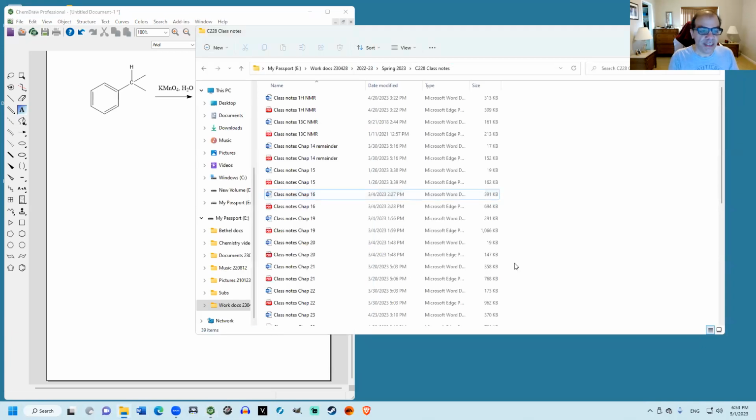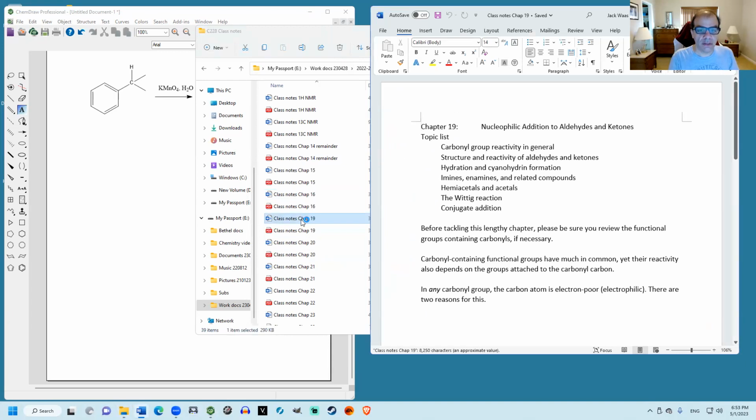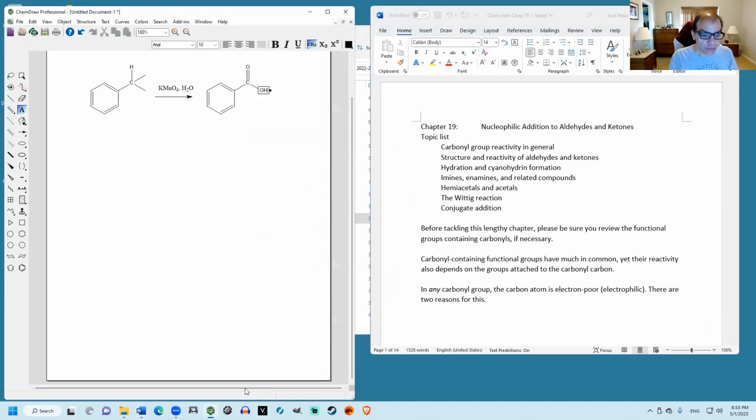Now 17 and 18 were in Organic 1. So that gets us to chapter 19. And chapter 19 was a big chapter with a lot of really important mechanisms. All of these reactions basically involved nucleophilic addition to carbonyl groups.